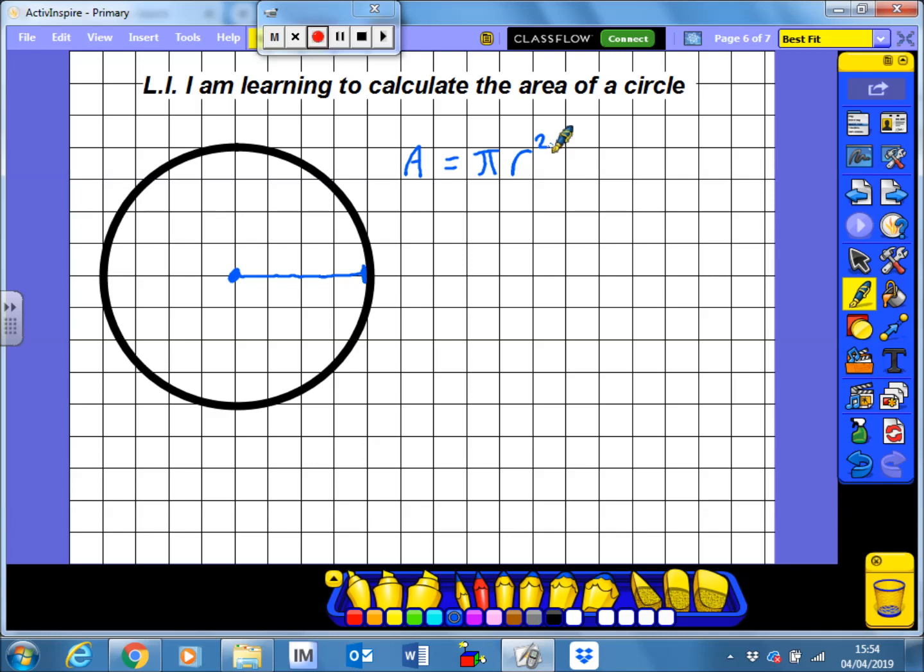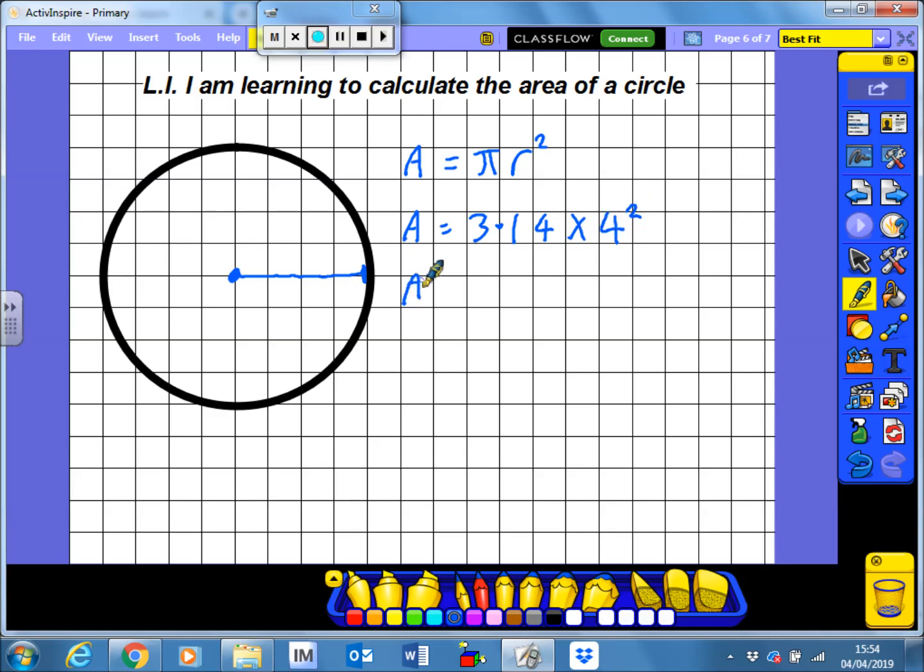Now let's put that into terms that we actually know. Area then is pi, which is 3.14, times the radius, which is 4 squared. So to work out the area, I'm going to have to do 3.14 times 4 squared.